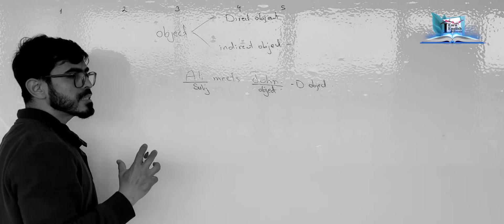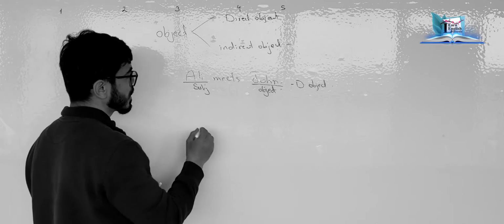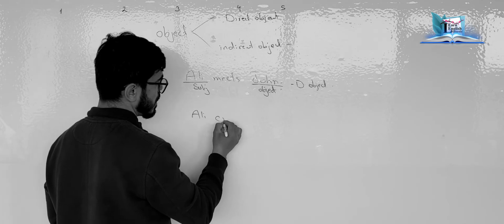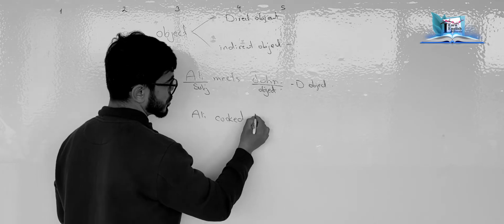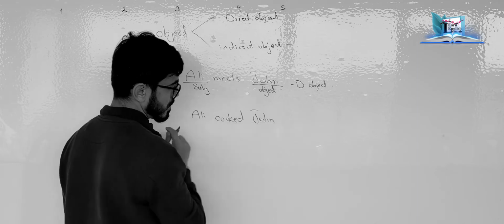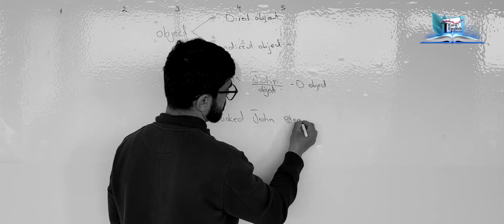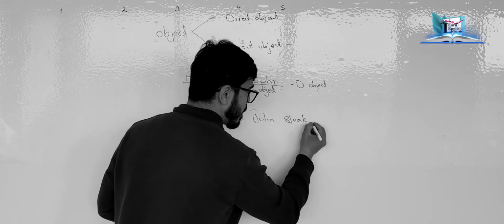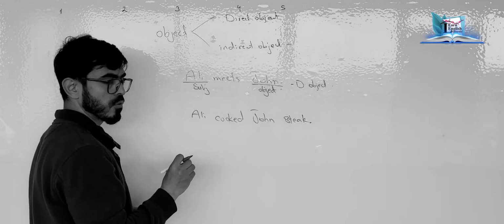Now, what is the indirect object? Let me give you another example. Okay? So, Ali cooked John, right? Steak. Right? Now, you can see this sentence, right?